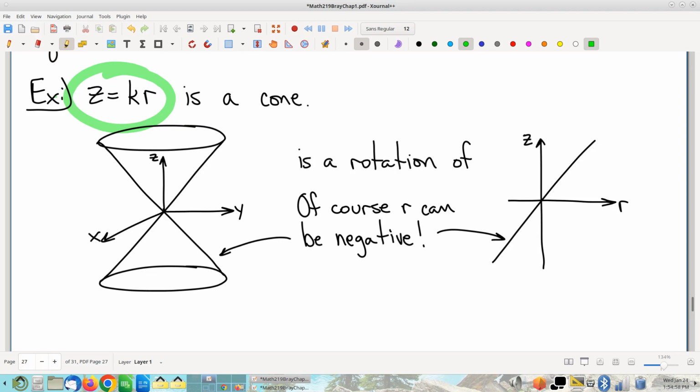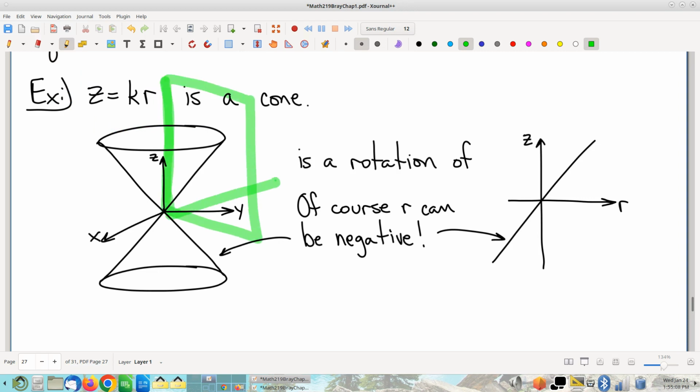this is rotationally symmetric. And the way to realize that is if you think about what the cross sections look like in different theta slices. Right, various different theta slices that you could take. Each one of these half planes represents a fixed constant value of theta. Okay, well, what happens in this theta slice versus in that theta slice versus in that theta slice?